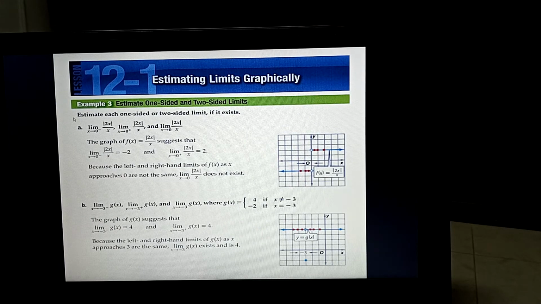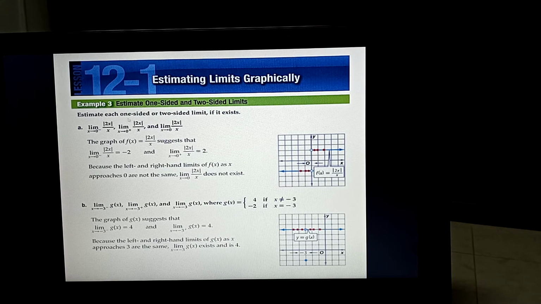Example number 3. Estimate each one-sided or two-sided limit if it exists. A. What is the limit of the absolute value of 2x over x when x approaches 0? The negative sign means x approaches 0 from the left.